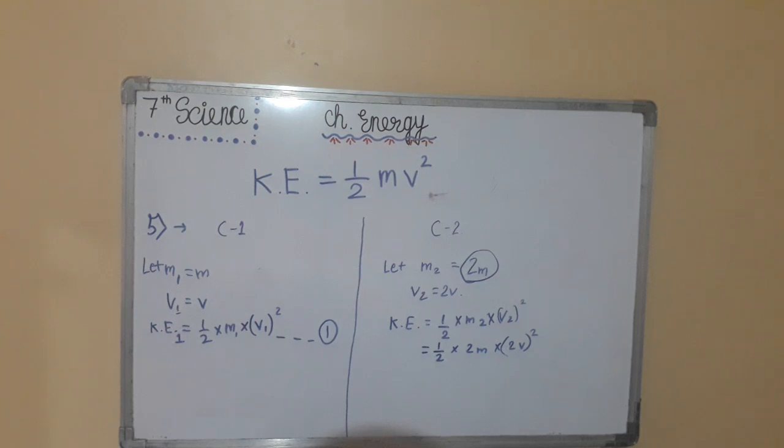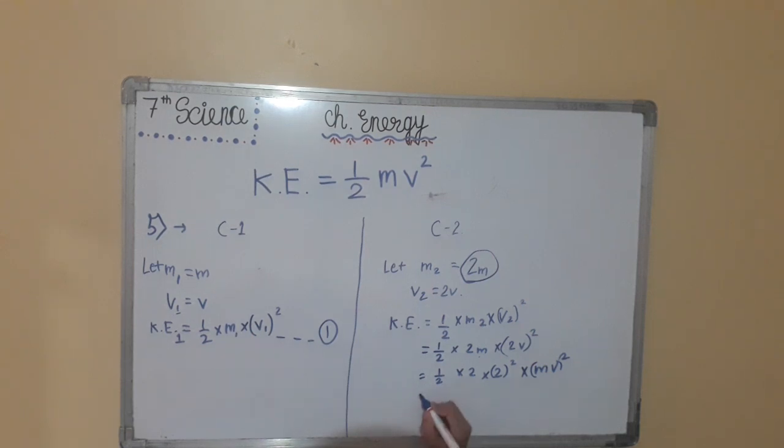So again it will be half into 2 into 2 square into m v square. We have taken m and v square separate, and 2 into 2 square separate.